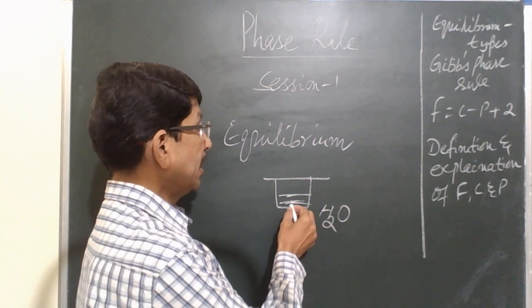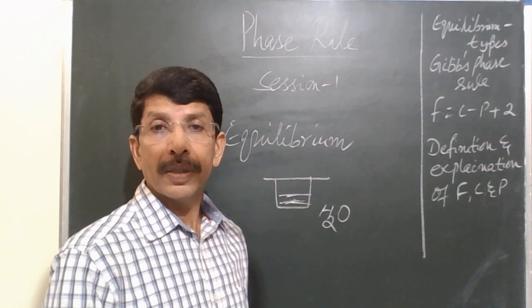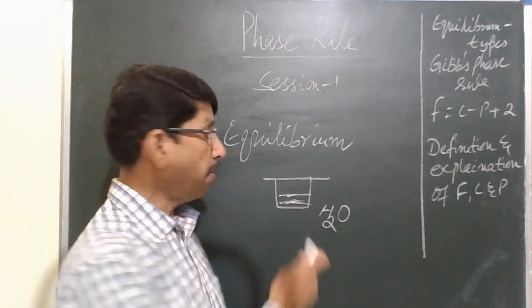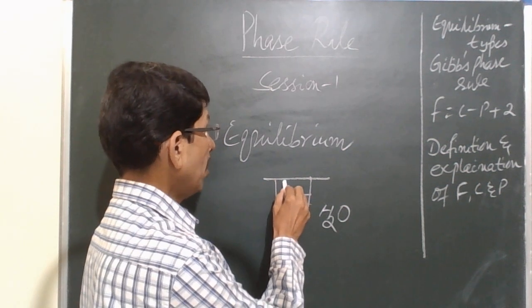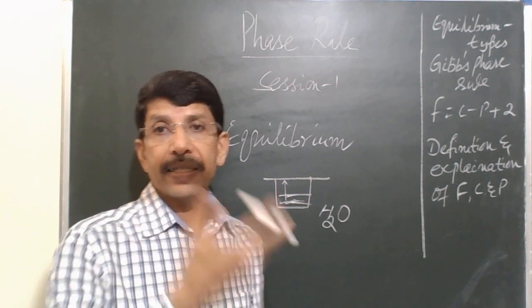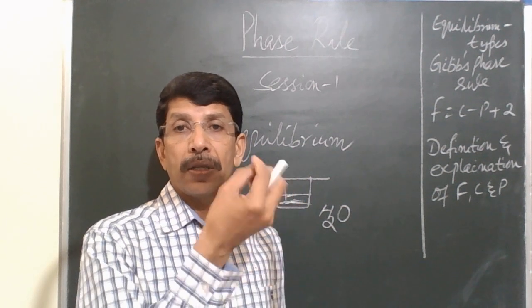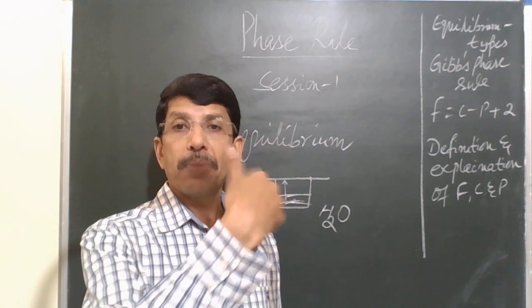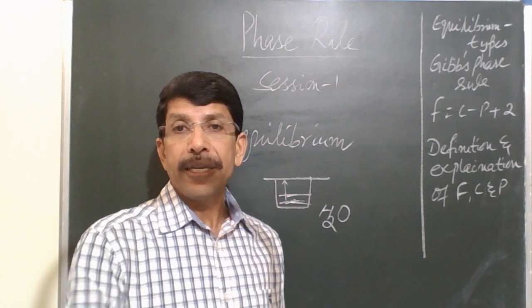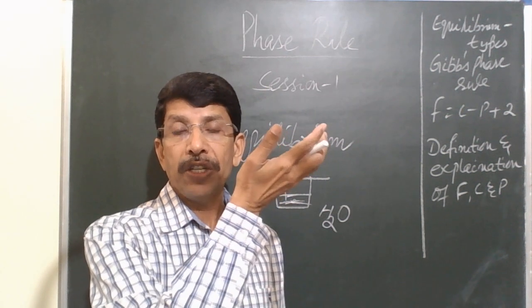In the beginning we have liquid water, and liquid water starts evaporating. The water evaporates and gets collected within the container. It's a closed system. So after a certain amount of water vapor is formed, it starts condensing. Initially there is only rate of evaporation.